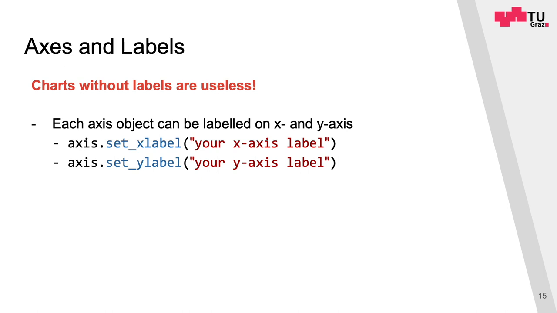So using the axis object, you can call the set_xlabel method and the set_ylabel method. And yeah, those two methods do exactly what you would expect. So they set the x and y labels. And yeah, you can pass the method a string, which is then your x axis and y axis label.